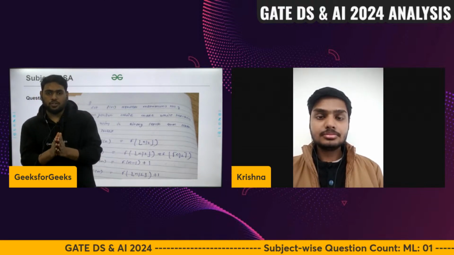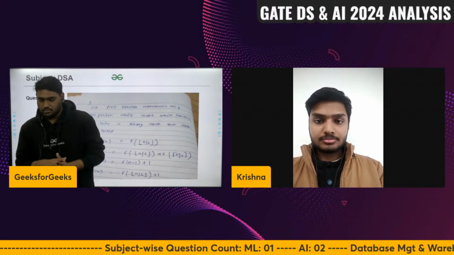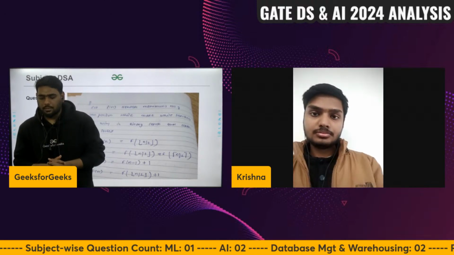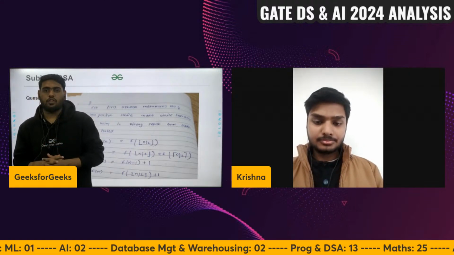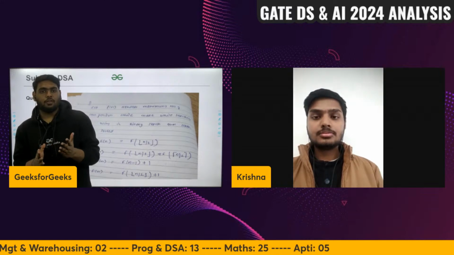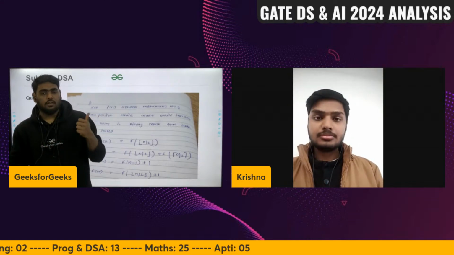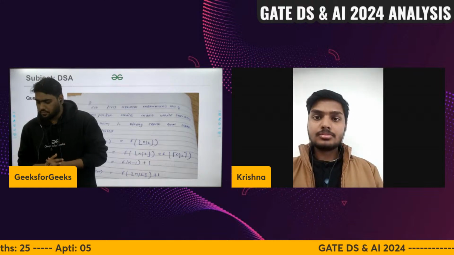If you have any question that you would want to ask Krishna, you can ask him. He has just given the paper that happened today, and he has performed really well. He also remembers most of the things, and he also picked up one of the questions we started our session with, one of the one-markers.